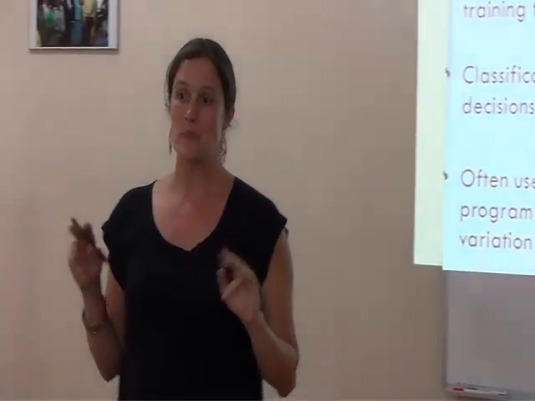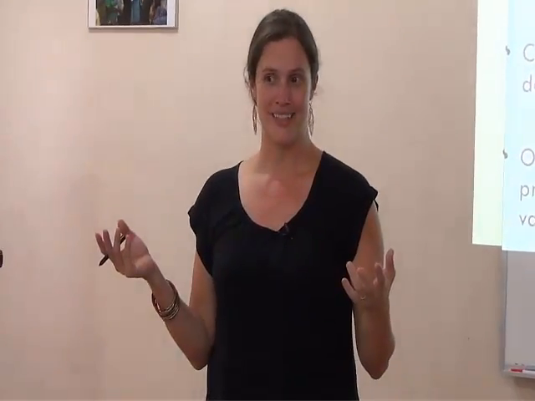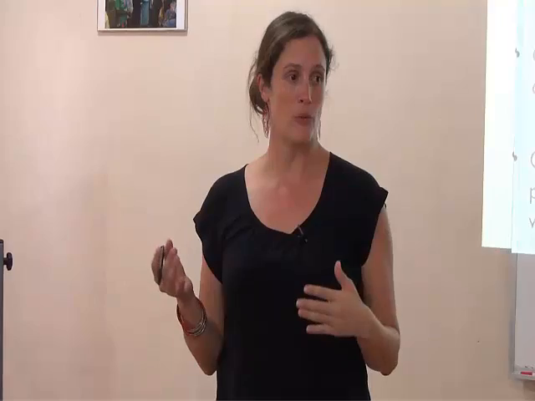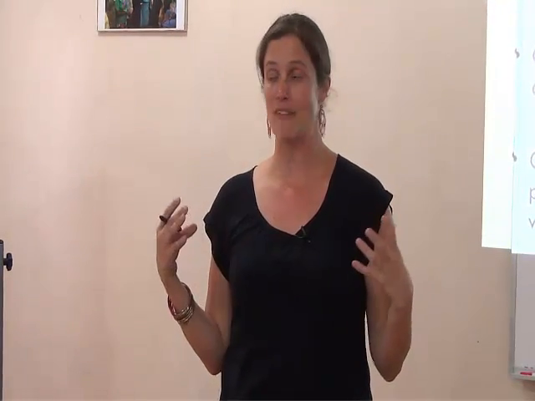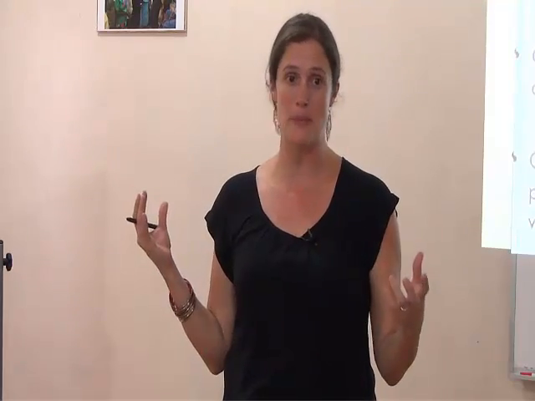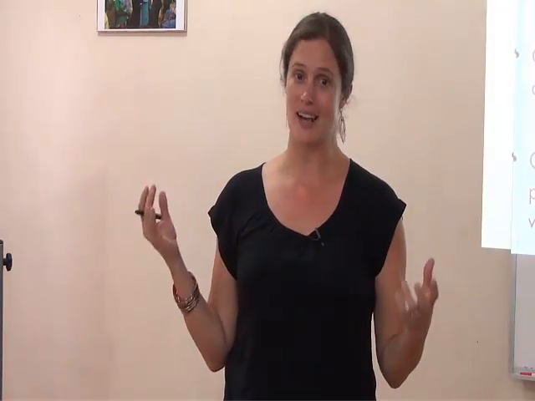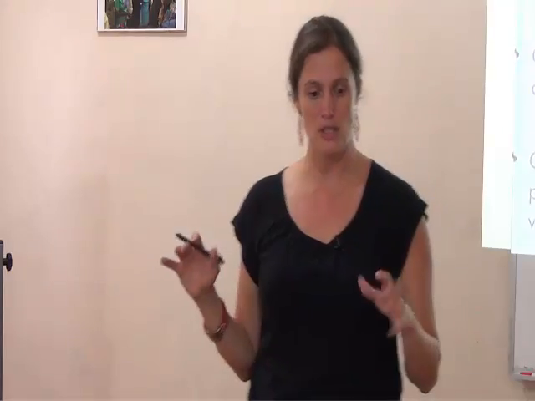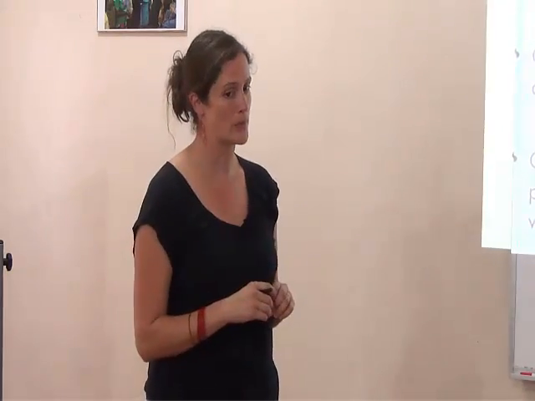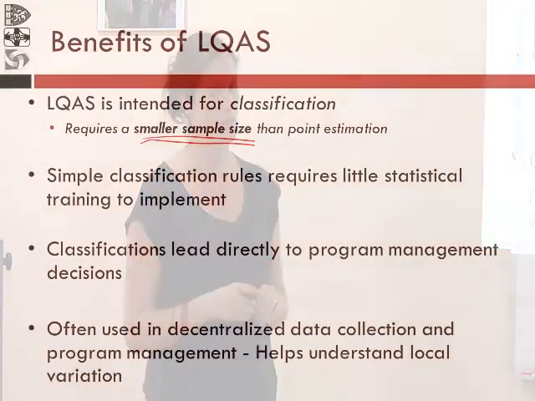Now, smaller sample size is relative, and it really does depend on those 4 parameters. So there are systems that I've seen that have LQAS that have 1,000 people in them. Okay, and that is not a small sample size by any means. But a lot of times we can get away with smaller sample sizes.